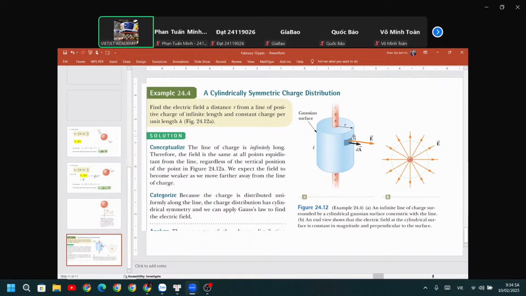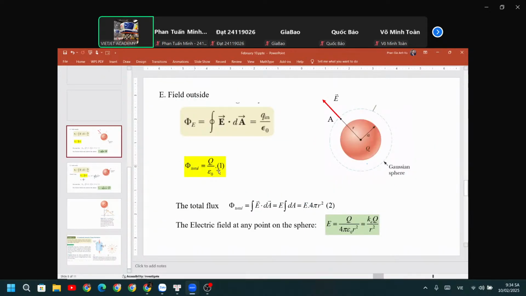You see that in this case, at the top and bottom, E is parallel to the surface. So the flux on the top and bottom surface will be zero.